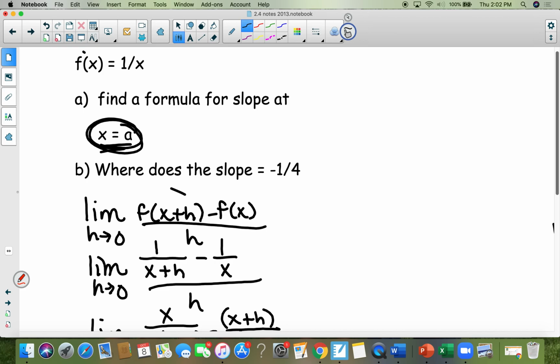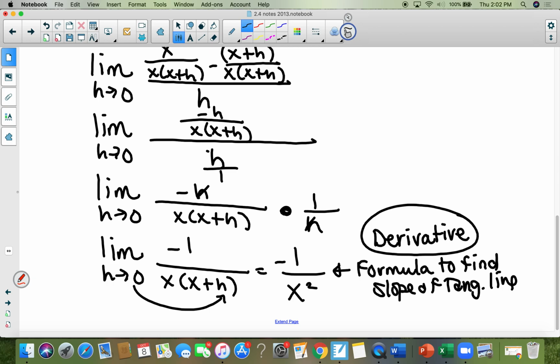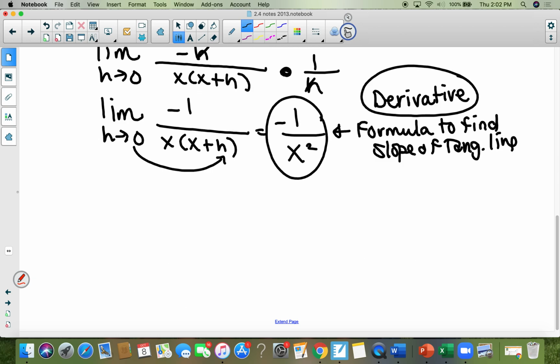Where does the slope equal a negative 1/4 on this graph? Well, this is the formula to find the slope everywhere on the graph, right? So in B, all I do is take a negative 1 over x squared and set it equal to the negative 1/4.